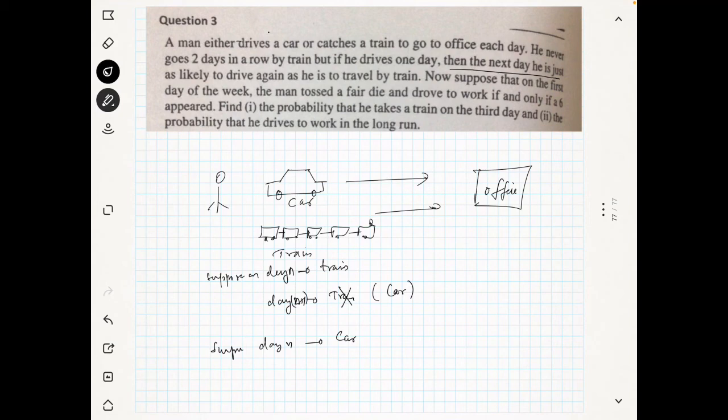That means on day n plus 1, he may use the car or train with equal probability. That means these probabilities are equal. So on day n, if he uses the car, the next day also he may use the car or train with equal probabilities.